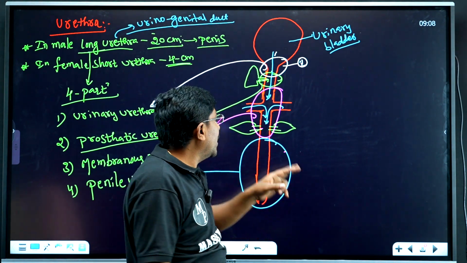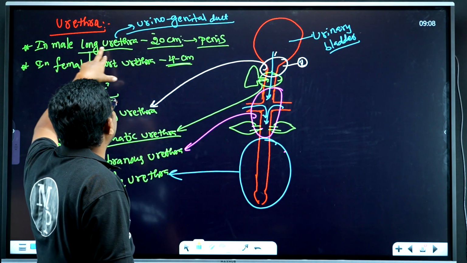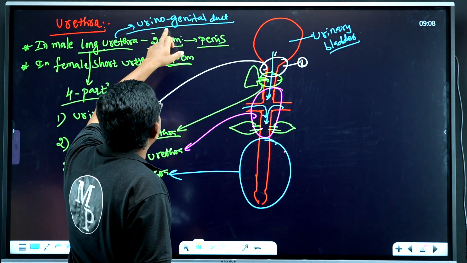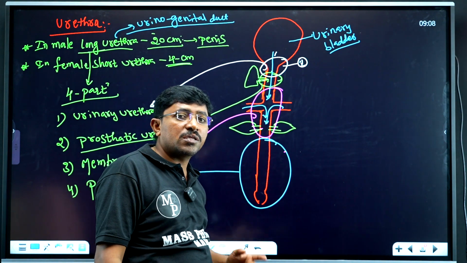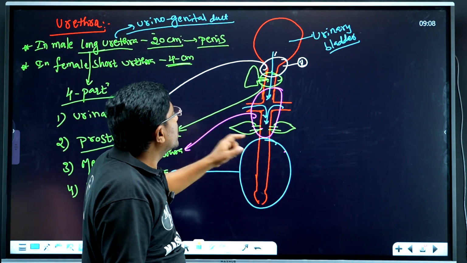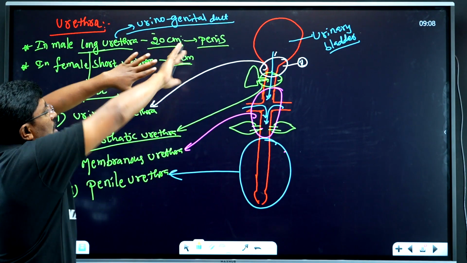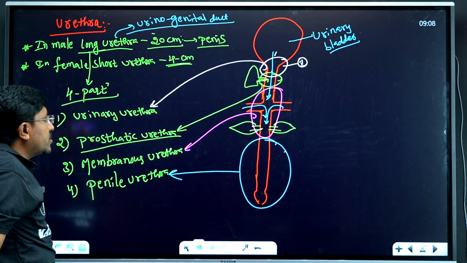Through a single way, two functions are done. That's why this urethra is called the urinogenital duct, and the entire male reproductive system is called the urinogenital system.